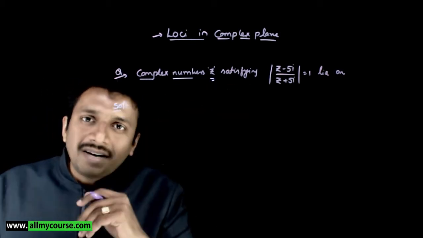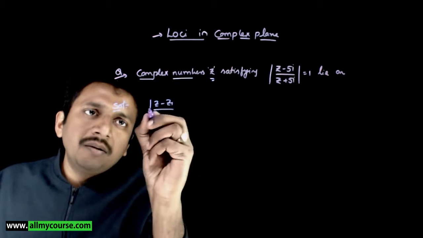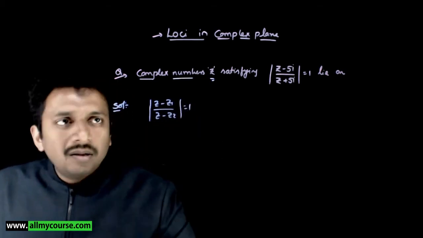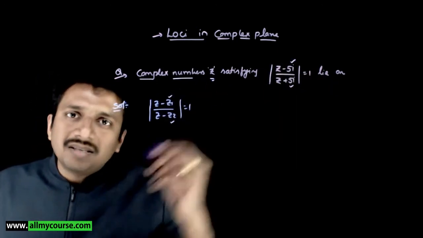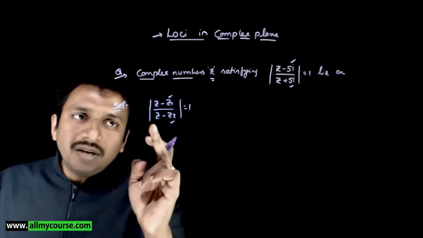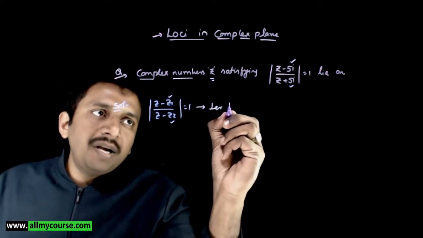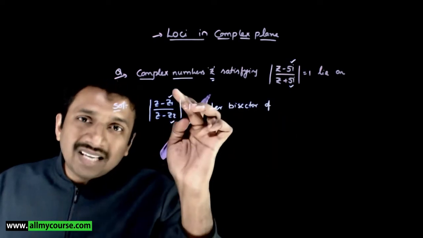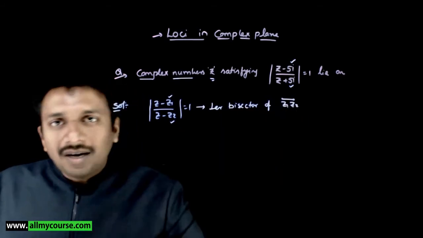Again, this looks like a standard locus of the form mod of (z minus z1) by (z minus z2) is equal to 1, where z1 is 5i and z2 is minus 5i. We have already seen that this represents the perpendicular bisector of the line segment joining z1 and z2, right?